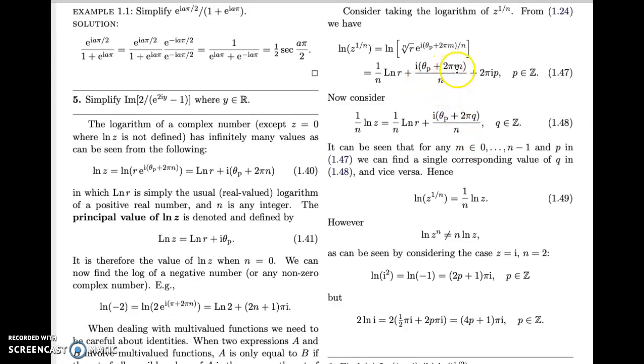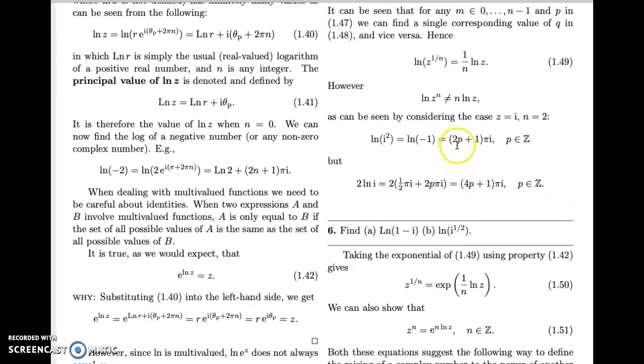Then you're just adding multiples of 1 over n times 2π to that, and you can add any multiple of that. So these two things are in fact the same. So we can write down that this is true.